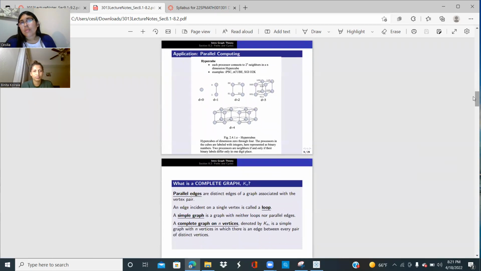That's another example. So hypercube, each processor connects to 2 to the power of n neighbors in an n-dimensional hypercube. An example of that is iPSC and nCUBE, SGI and O2K.